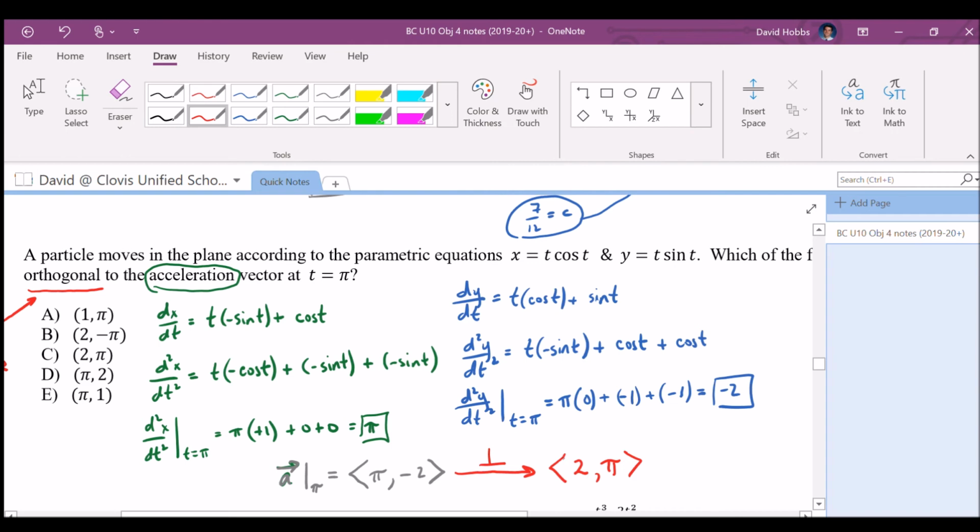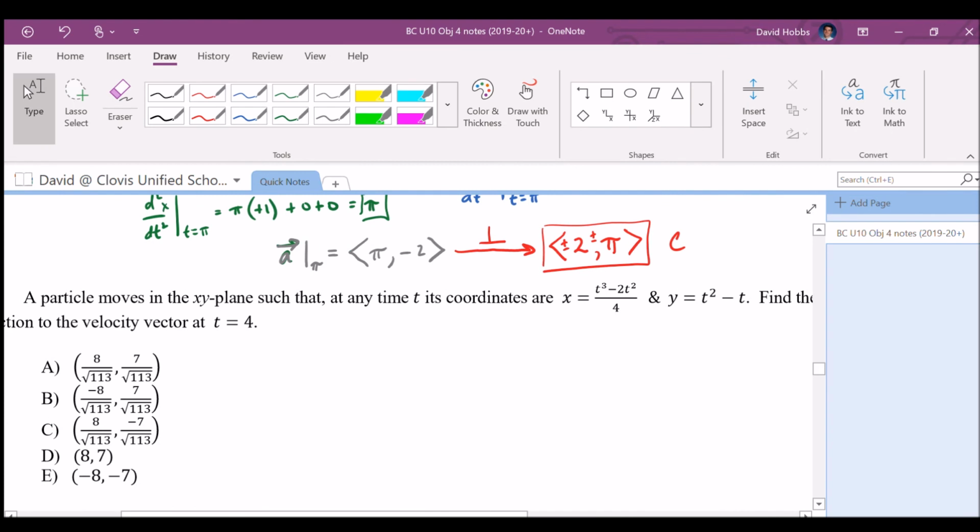It could be plus or minus, as long as they're both positive or both negative, it would work either way. And so which one is giving me that? And that is going to be C. Okay.